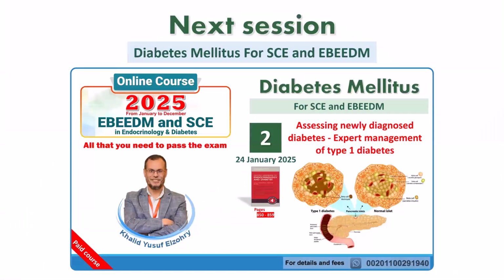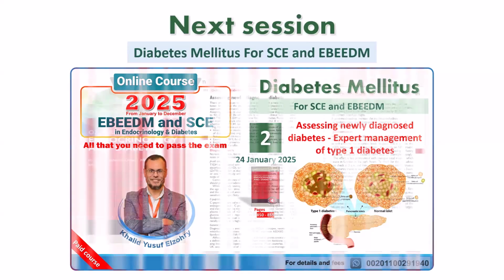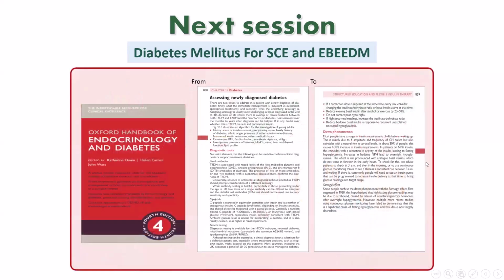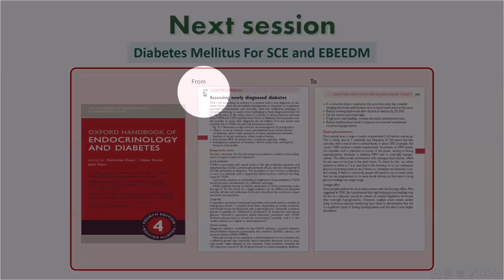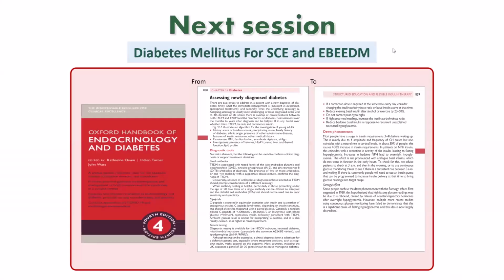Please repeat today's session and write hints in your hard copy of the Oxford Handbook, and please read this again for the next session, inshallah, next Friday, from page 850 to 859 of the Oxford Handbook, 4th edition. If anyone has any question, it is welcome.